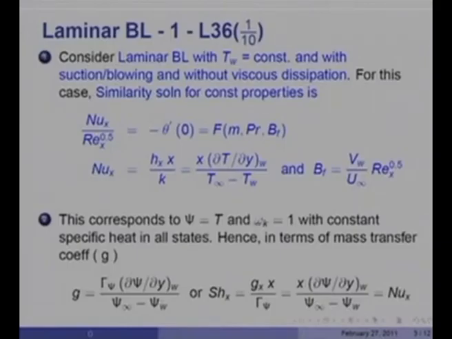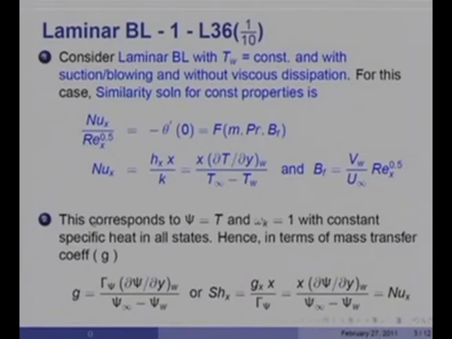And if we assume constant specific heats in all states, then this simply represents G gamma_psi by d psi by dy at the wall, psi infinity minus psi wall, and therefore, the Sherwood number G x by gamma_psi would be equal to x d psi by dy at the wall divided by psi infinity minus psi wall, equal to Nu_x. So, there is a clear correspondence between heat transfer and the corresponding mass transfer, where presently the variable T is interpreted in terms of the mass transfer coefficient G.